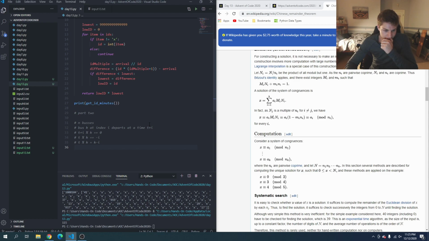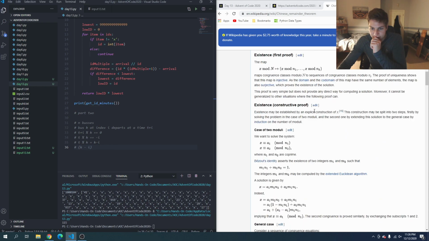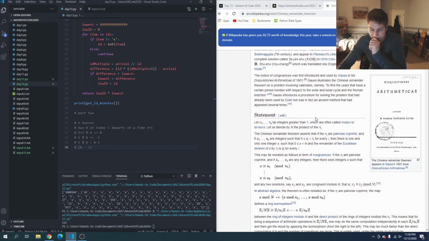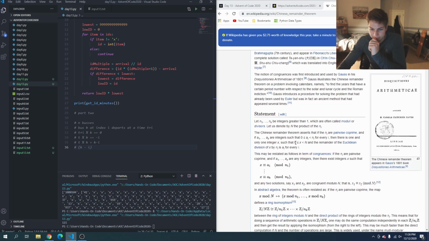And so in order for that to help us, I guess we can say, well, we want k minus I, we want this whole thing to be mod k, because we want it to be between 0 and k, because our answer is going to be between 0 and n, the product.